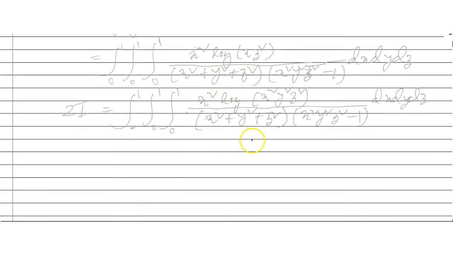So just using the property of logarithm, and after that 0 to 1, 0 to 1 and 0 to 1, I use the symmetry property.